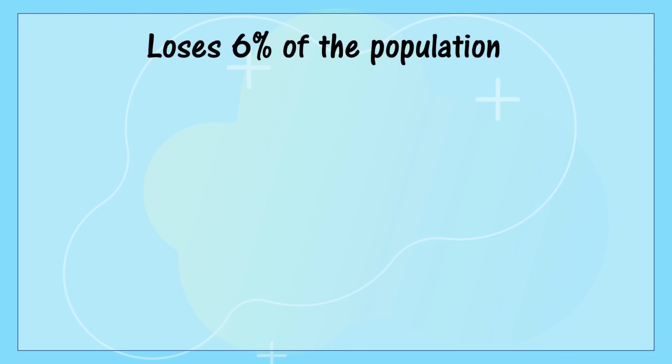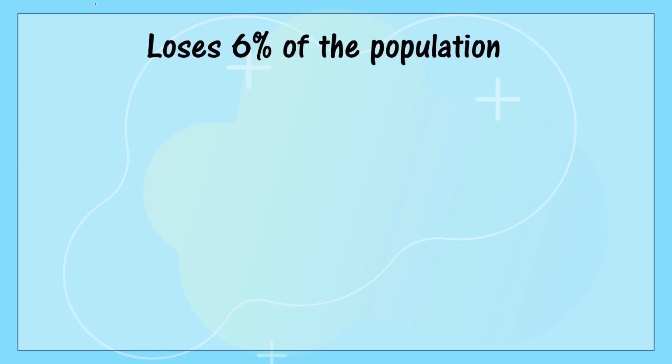Next naman po. Ito, loses 6% of the population. O, kabaliktaran nung kanina. Kung kapag increasing by a certain percent, ang ginagawa ay nagdadagdag tayo ng 100%. Kapag naman loses, decreases yung given sa statement, ibig sabihin naman, ima-minus naman natin siya sa 100%.